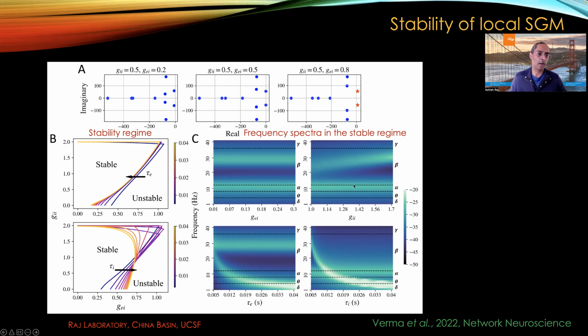And you can see, as shown in B, that there is a nice stable regime with respect to the gains and the time constants, where the time constants weakly modulate stability, but generally the gains are the ones that determine stability quite substantially. And you see in plot C that the frequency spectra in the stable regime can be shifted by the choice of tau E and tau I, the time constants of the two populations, as well as their gains.